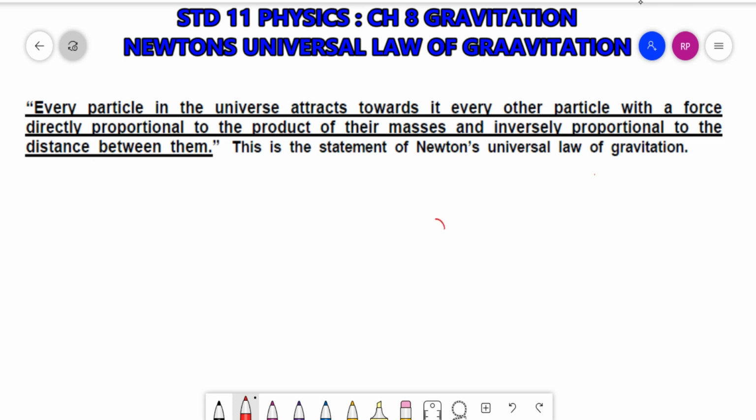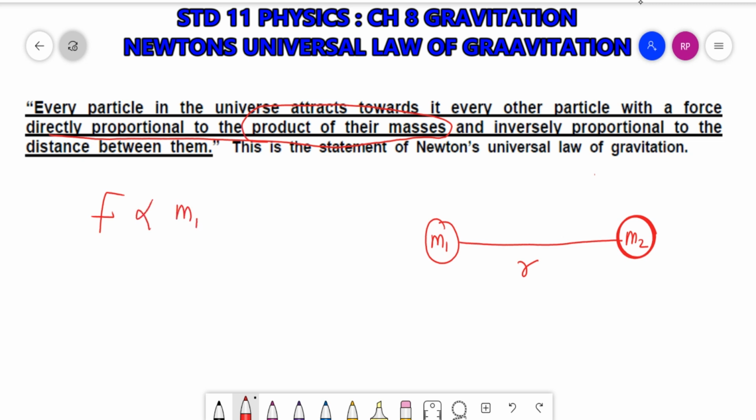So see, if there are two object particles having masses m1 and m2, let the distance between them be r. According to Newton's universal law, the force is directly proportional to the product of their masses, m1 and m2, and inversely proportional to the distance between them.